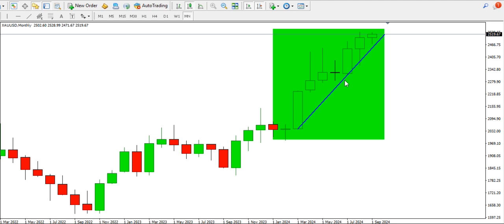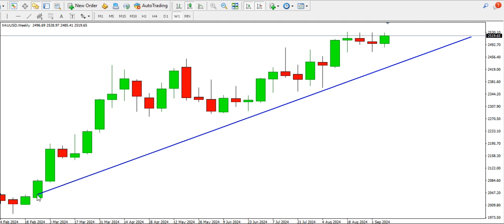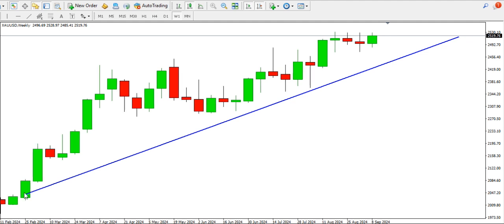Now for the weekly time frame, we can see that the price of gold is projected upwards as price respects the trend line. We have a solid respect for the trend line. This is the trend line on the weekly time frame.